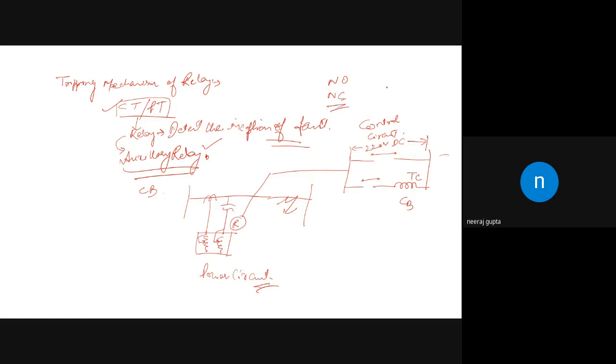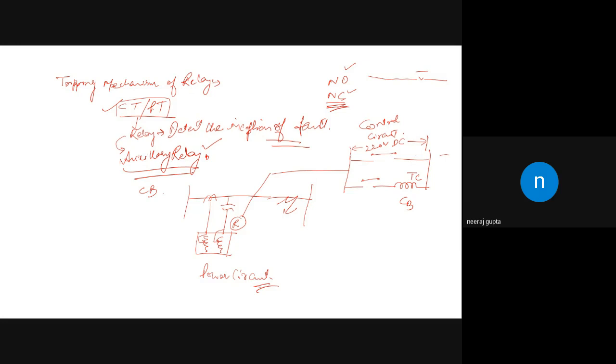When we do not want the circuit closed, there are normally open contacts, and when a fault is there in the system and we want the circuit to be closed, it will close. Normally closed contacts are in a closed position, and whenever the fault occurs in the system, they open in such a way that the circuit is completed, and the signal is given to the trip coil.